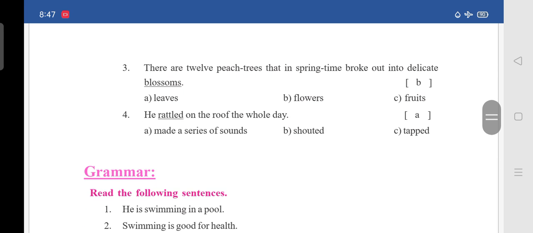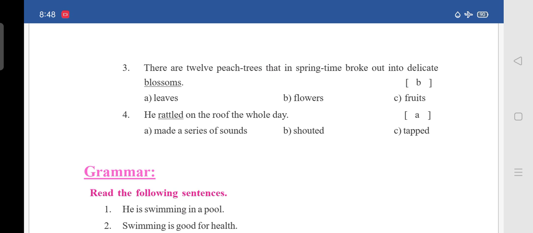See the third one. There are 12 peach trees that in springtime broke out into delicate blossoms. Here the underlined word is blossoms. Blossoms means leaves, flowers, fruits. Which one? Yes, it is flowers. B. Third one is B. Fourth one.